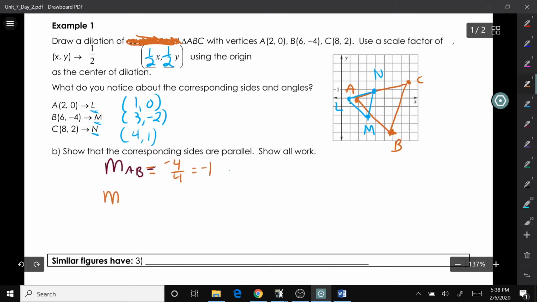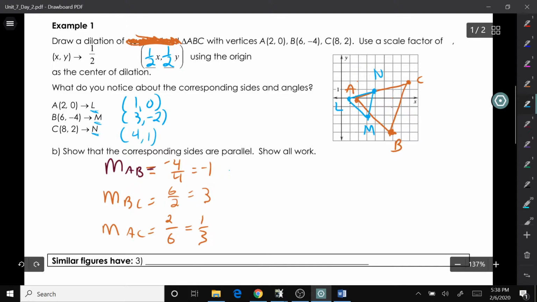I'm going to find the slope of BC, and again I'm going to count from B to C. So it's up 6 and right 2, which is 3. And then I'm going to find the slope of AC. We went up 2 over 6, which is 1/3.